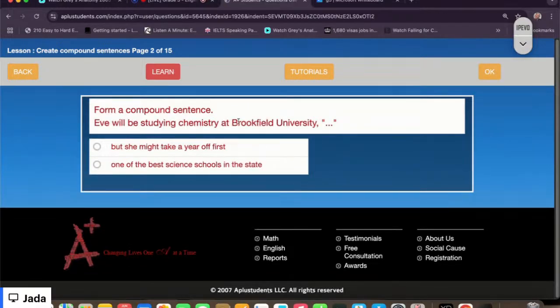Eve will be studying chemistry at Brookfield University, but she might take a year off first, or one of the best science schools in the state.